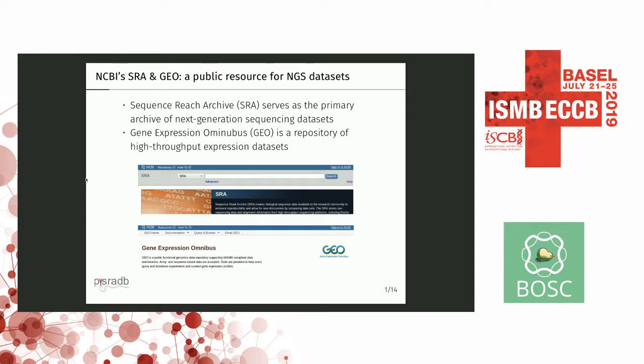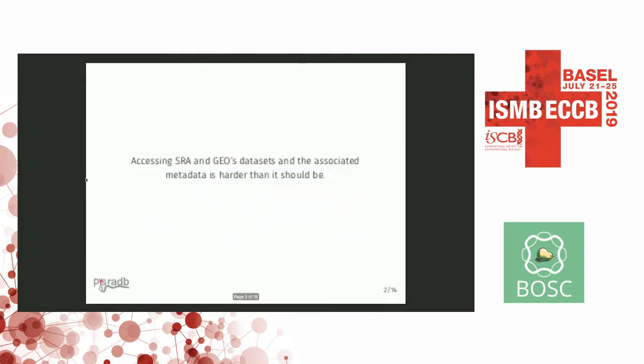These repositories have made it possible for us to test any novel hypothesis, and they serve as a test bed for reproducing any analysis that has been done in the literature. However, there are a few problems with getting both the metadata and the data.